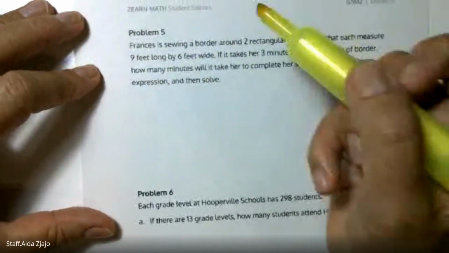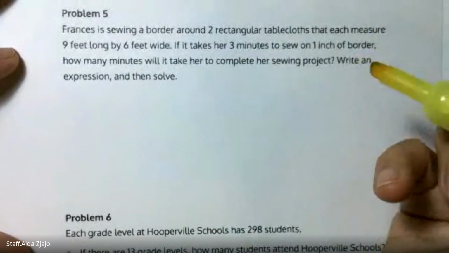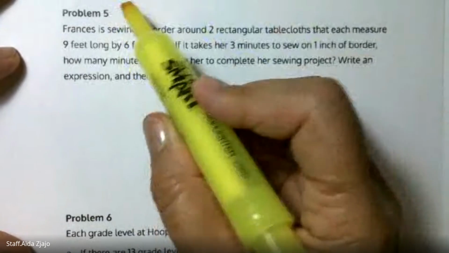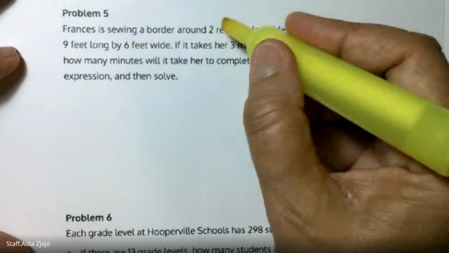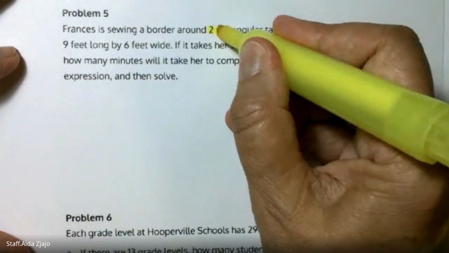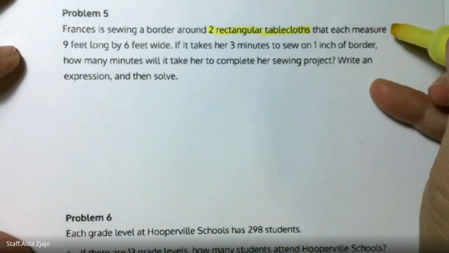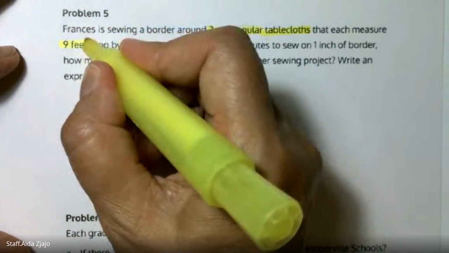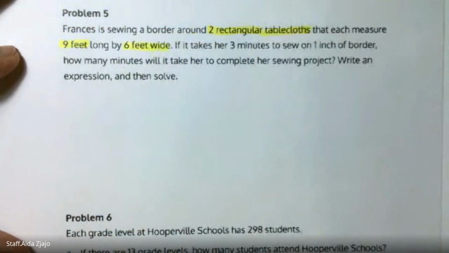Problem 5. Let's make it a little bit bigger. Can you see it? Yes. Problem 5. Francis is sewing border around two rectangular tablecloths that each measure 9 feet long by 6 feet wide.